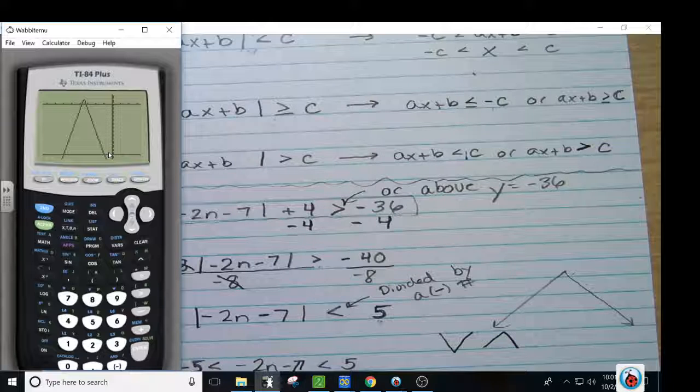It's this right here. What x value is that? It's when x is between negative 6 and negative 1.